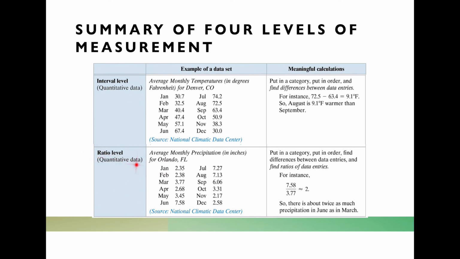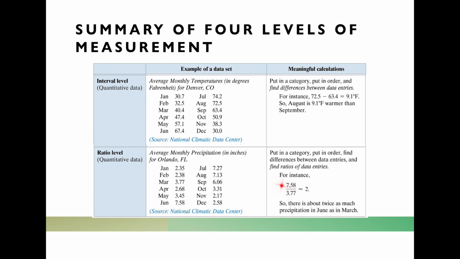So ratio level: here we have monthly precipitation of rainfall. We could say that between something that's 3 or close to 3, like September and October, September has almost double the amount of rainfall of October. That actually has a meaning to it.